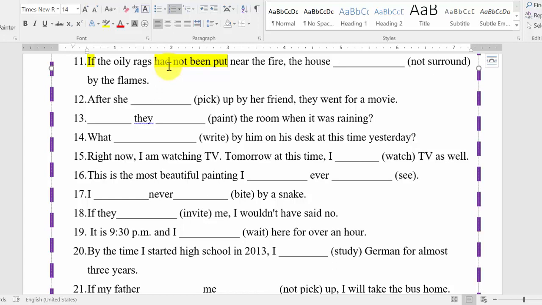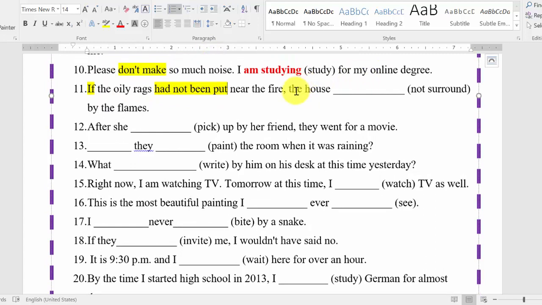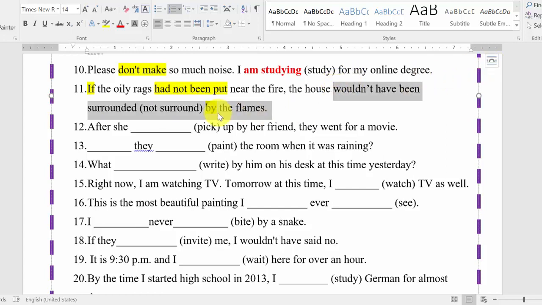If it's passive, then would have been pp. Here, the house what not surrounded by the flames. You have by here. It shows that it should be passive form. As I said just now, your format should be third type, impossible. Your format should be would have been pp. So together with your not, wouldn't have been surrounded is your answer.